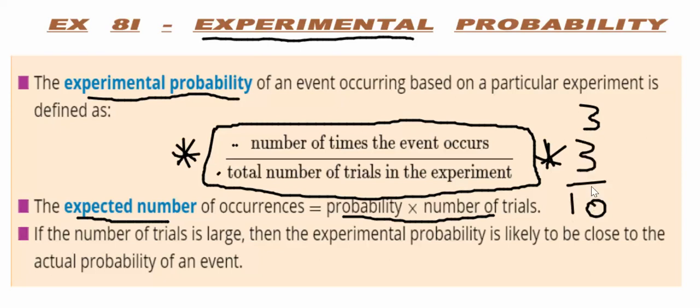What if we rolled it 1,000 times? You take your 3/10 and multiply by 1,000. Then if we did the trial 1,000 times, we can predict how many times the 3 would come up based on the results from our actual trial.